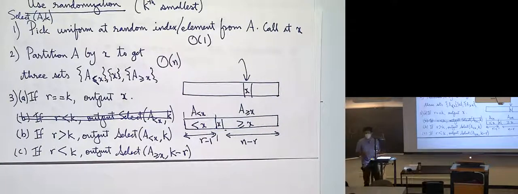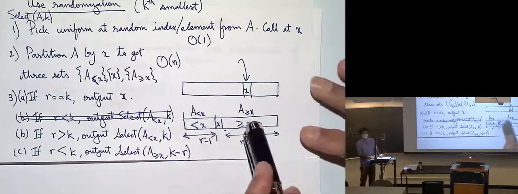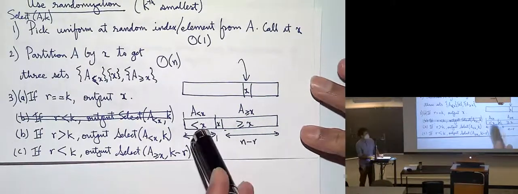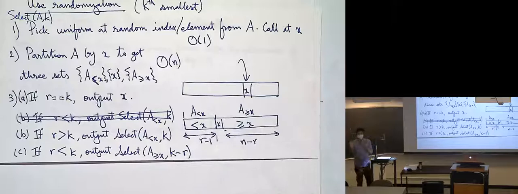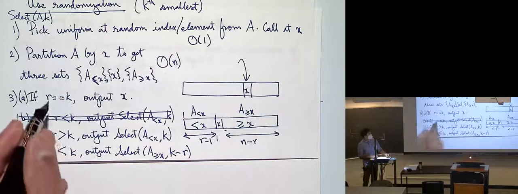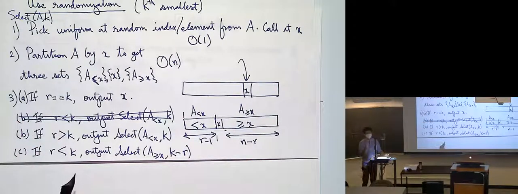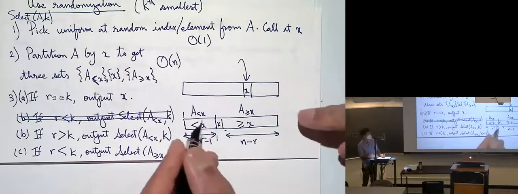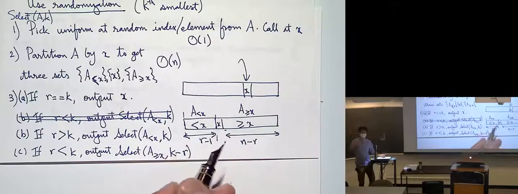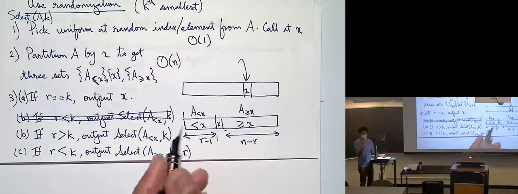We don't know exactly what this is going to be. But let me parameterize this as the following. I can certainly argue that in the worst case, the algorithm is going to have to search over the larger one. So it's only making one recursive call, not 2. It's making one recursive call, either to the left or to the right, almost like binary search. One recursive call, but we don't know the size.